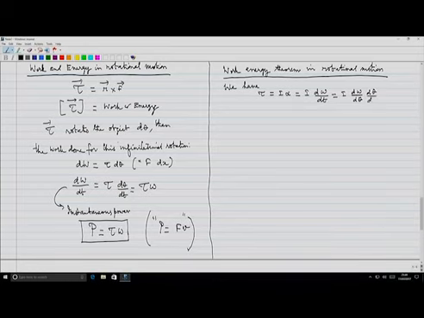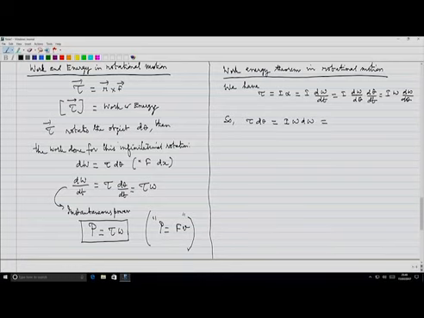So we have I times omega times d omega by d theta. Now I bring the d theta to this side, so I have tau times d theta is equal to I omega d omega.